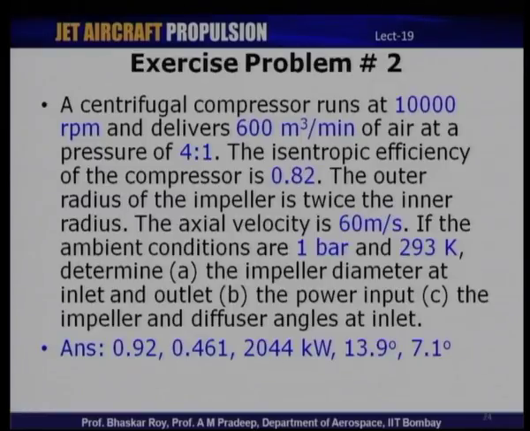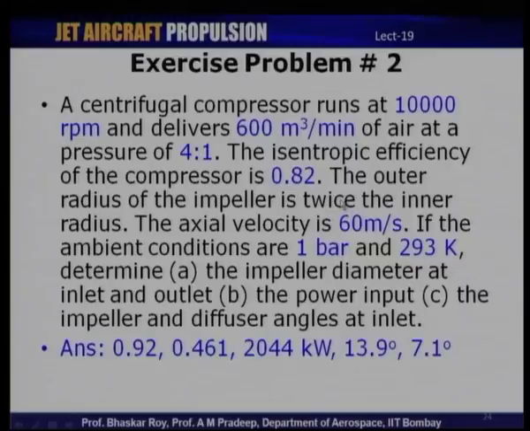So, in this case we are required to calculate the impeller diameters at the inlet and outlet and the power input based on the RPM and mass flow rate. The flow rate is given, pressure ratio is also given, efficiency of the compressor is known to us, and it is also mentioned that the outer radius of the impeller is twice the inner radius.